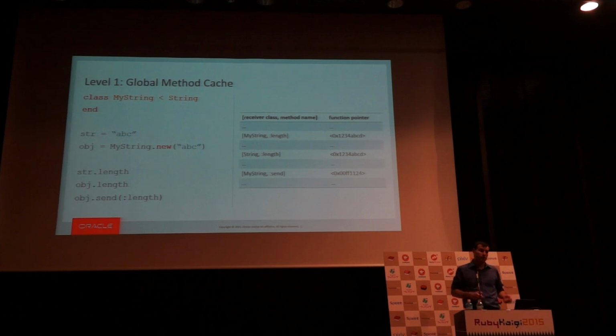And that's because we didn't override length in MyString. So it's going to use String's definition. So the next time we encounter a MyString object that calls length, we'll be able to find it in this lookup table and avoid searching through its ancestor tree.